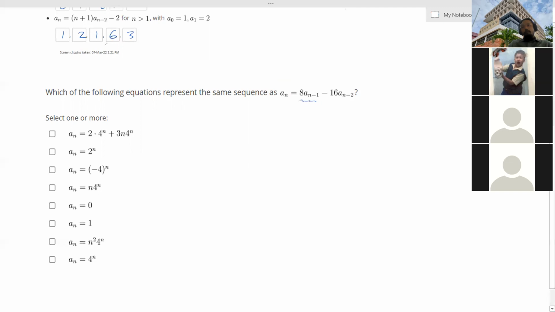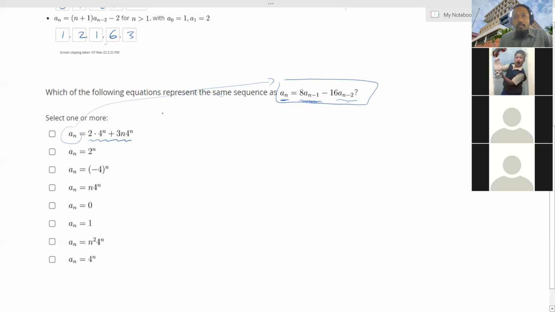What's the main idea? Well, look at this as an equation and then you apply this. So that means let's check whether taking an as this expression would give us this.